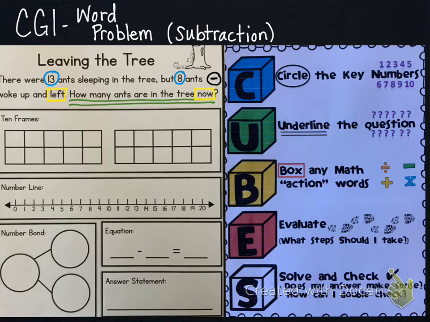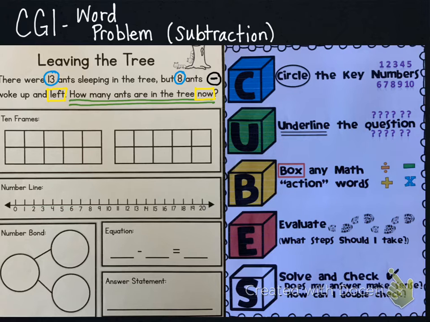The first tool we are going to use is our 10 frame. Now you can't take 13 away from 8. You can't go up to your brother or sister, or mom or dad, and say, can I please have 13 Skittles if they only have 8 in their hand. So we need to start with the bigger number. We always start with the bigger number when it comes to subtraction.